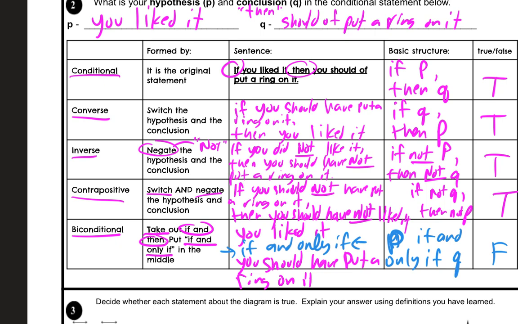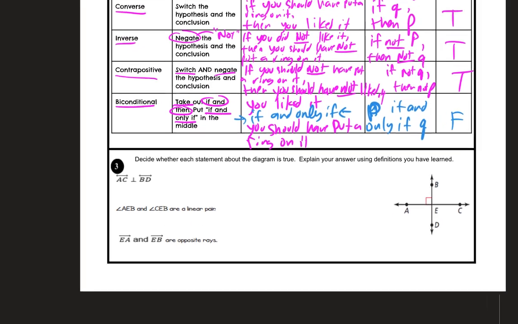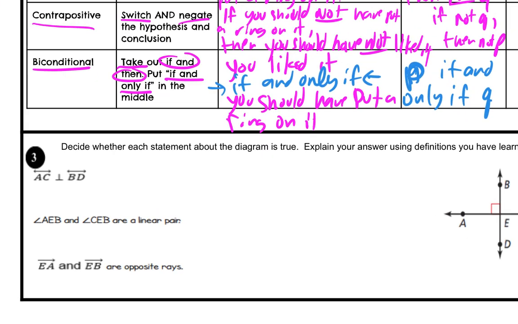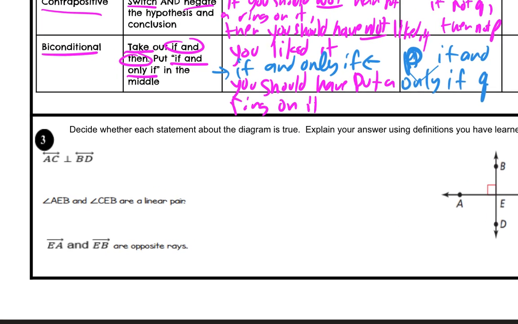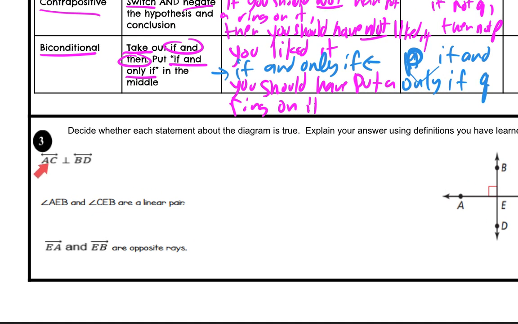All right, so thinking about that, let's try to apply it with some geometry so far. Okay, so it says decide whether each statement about this diagram is true. Explain your answers using definitions you have learned. Ooh, okay, so let's take a look at this. All right, so this first one, let's read this out. This means line AC.